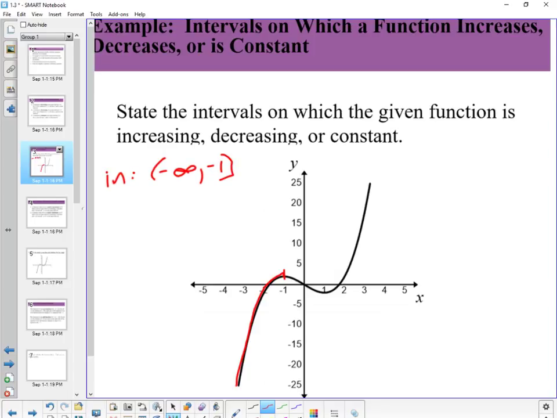Okay? And then we're going to decrease from negative 1 all the way to, looks like positive 1. And then it's going to start increasing again, from 1 to positive infinity. So there we go. We've just identified the increasings and the decreasings.